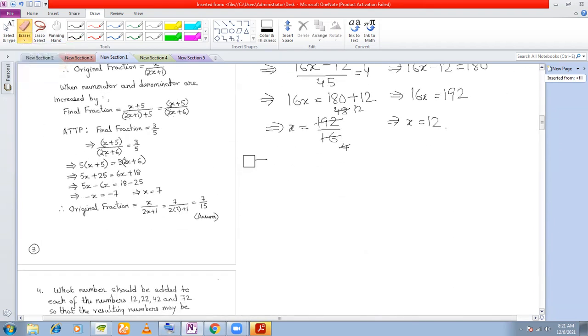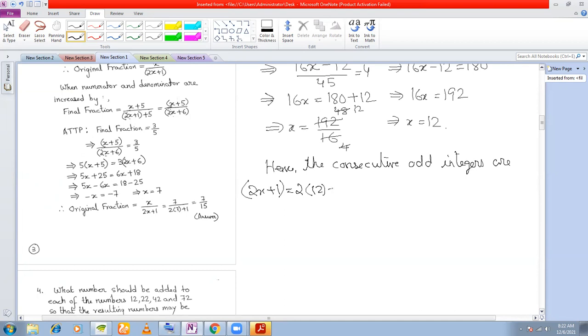Hence the consecutive odd integers are 2x plus 1, which is equal to 2 into 12 plus 1, which is equal to 25. And what was the next one? 2x plus 3, right? So you put x is equal to 12.